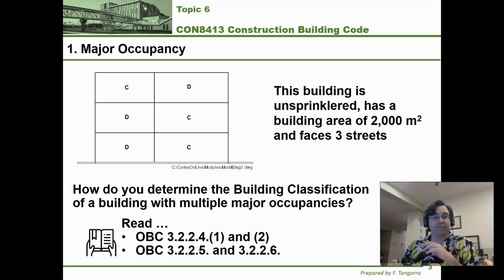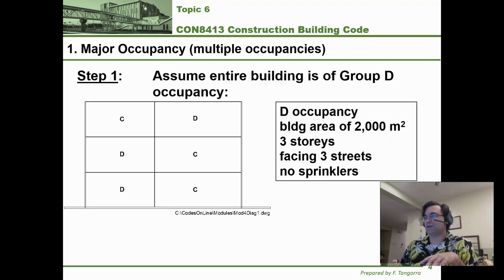You will read them, but I'll give you the shortened version, so make sure you read these references. What you do is basically analyze the building for each of its occupancies. You pretend that the building is all one occupancy or all the other, and then you make a conclusion from that.